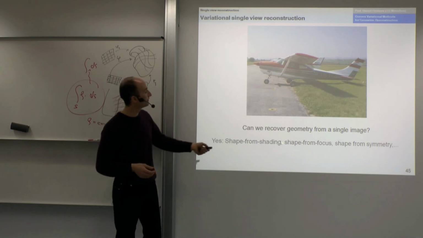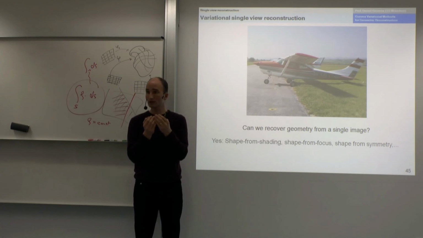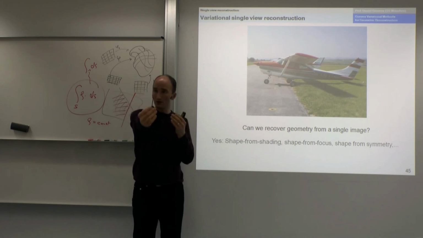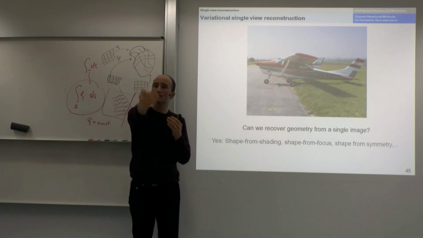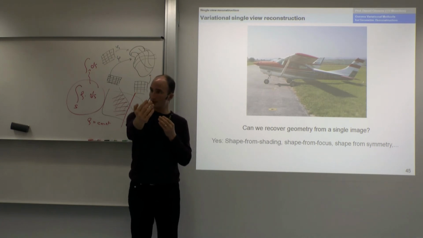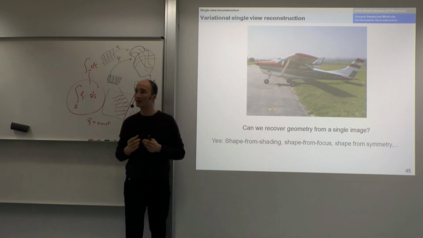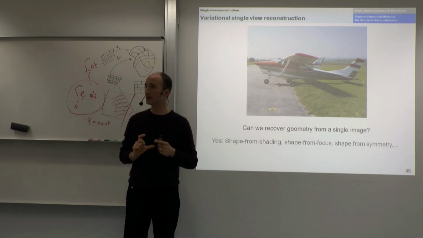Then you have shape from focus, where you assume that you have a lens that blurs the world, and that there is a certain distance where things are in focus, and if they're further away they get blurred, and if they're closer to the camera they get blurred again. That happens in particular if you have a thick lens.